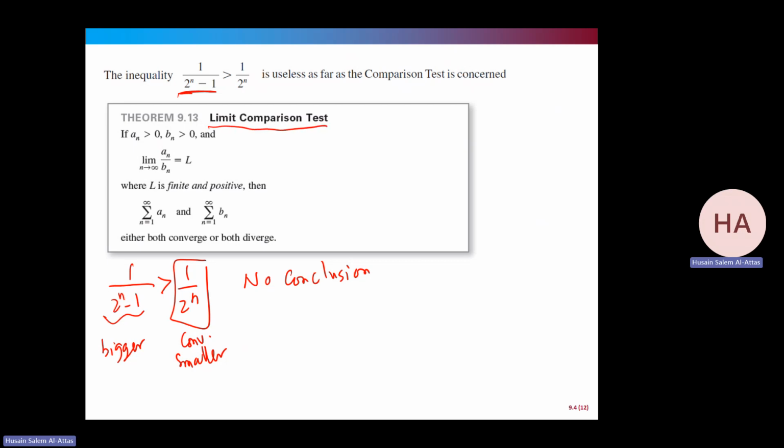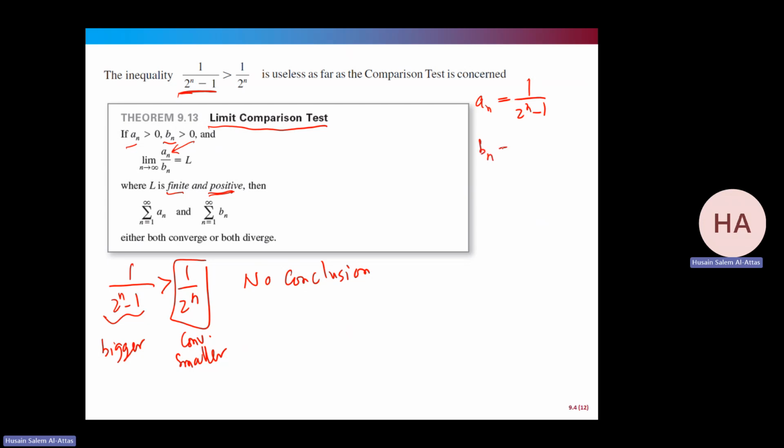What's the idea? Assume the terms are all positive. I check the limit of an over bn. If it is equal to a finite and positive value, then these two series either both converge or both diverge. Let me do it with these two. I have an equal to 1 over 2 to the power n minus 1, which I want to check.